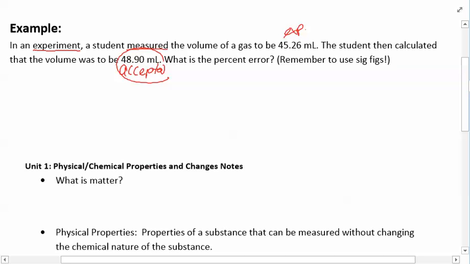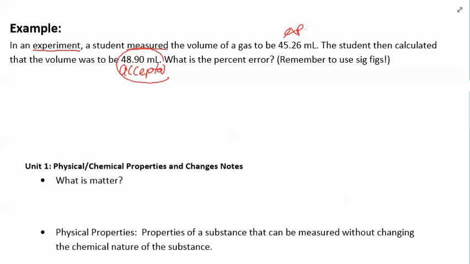So someone physically measured the volume to be that in an experiment in a lab. The other value was determined as what the volume should have been through a calculation. Sometimes that happens, depending upon the type of problem and the situation that you have with it.